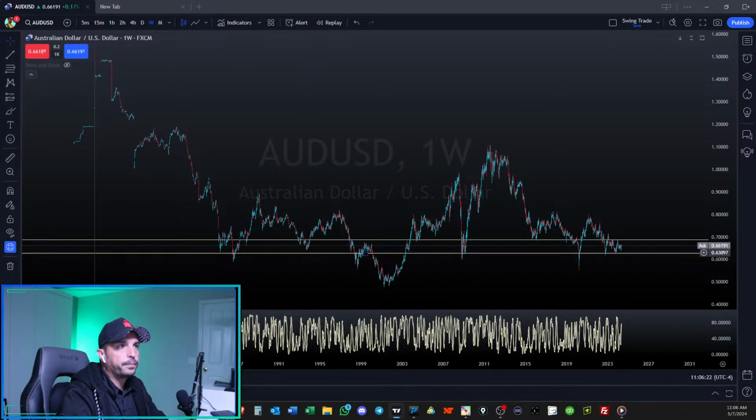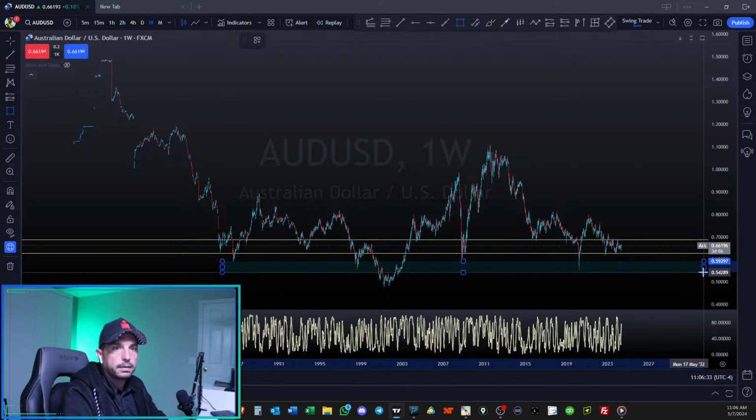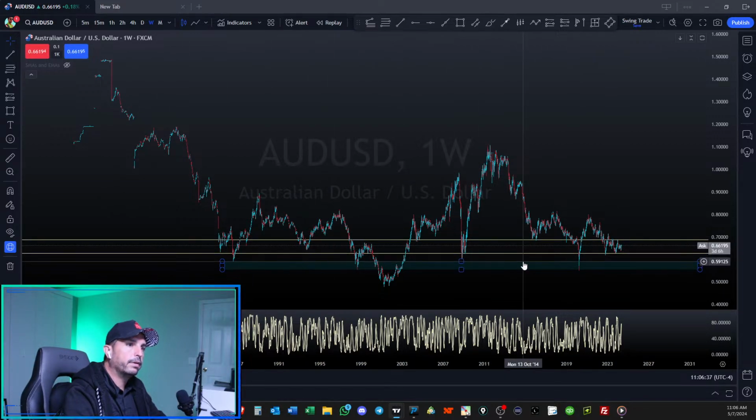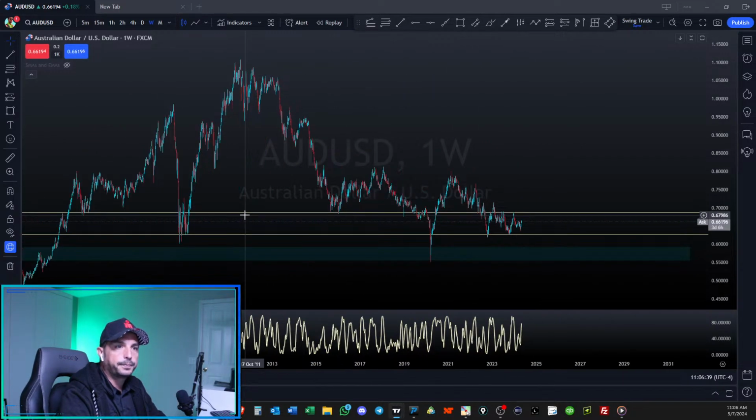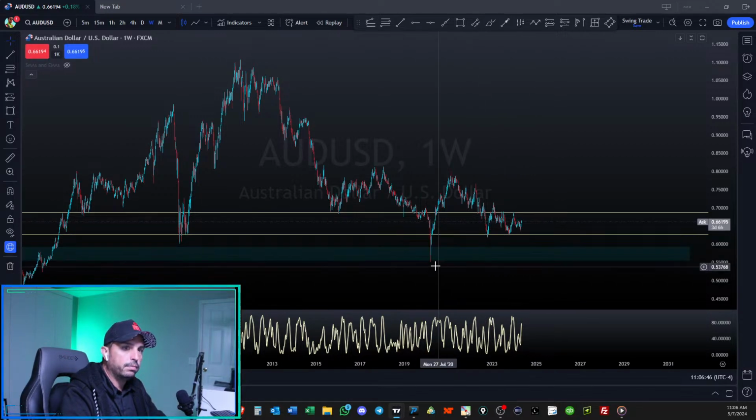So we've got big support here, a lot of buying power right there. That means price can still go there.